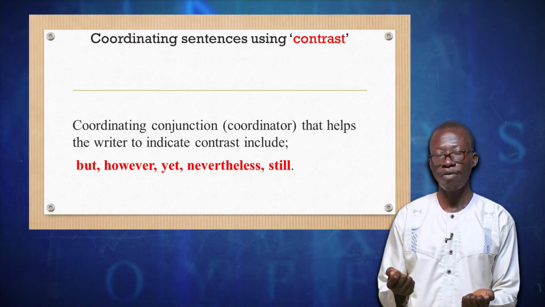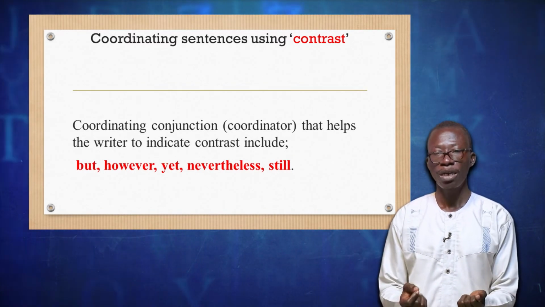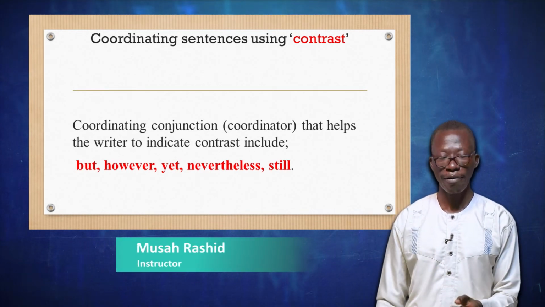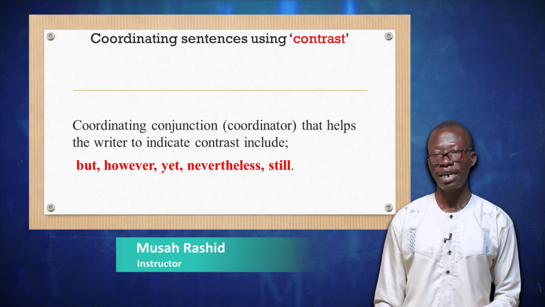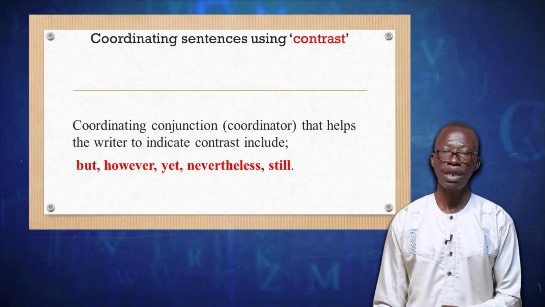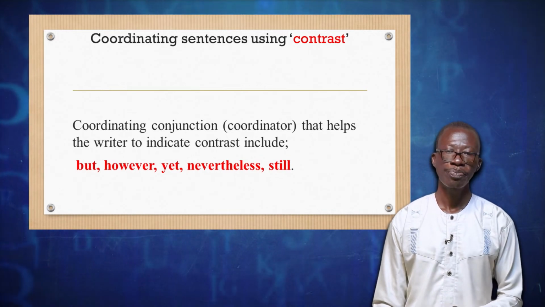There's a kind of contradiction between them. The coordinators that help us to do this are but, however, yet, nevertheless, still. So we have these among them that we can choose from.